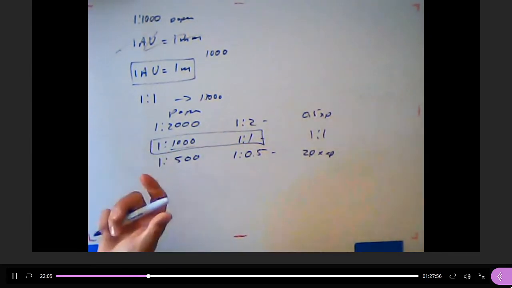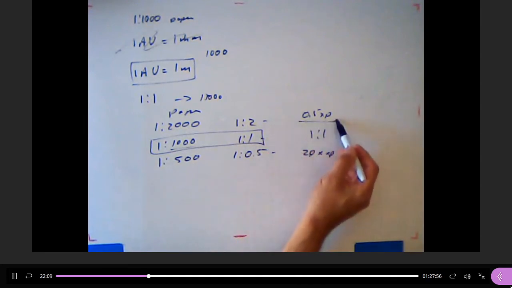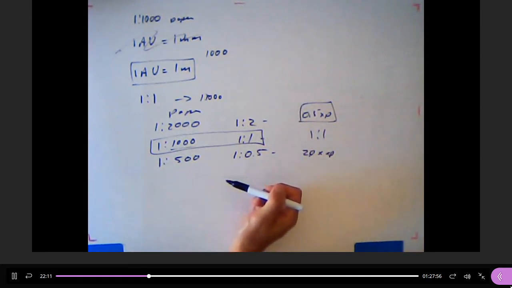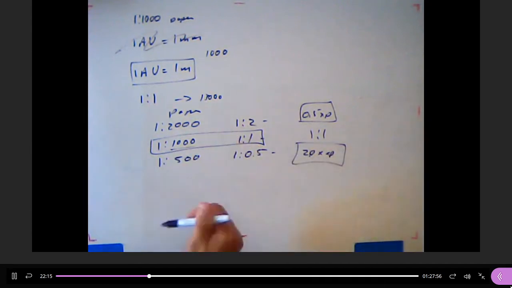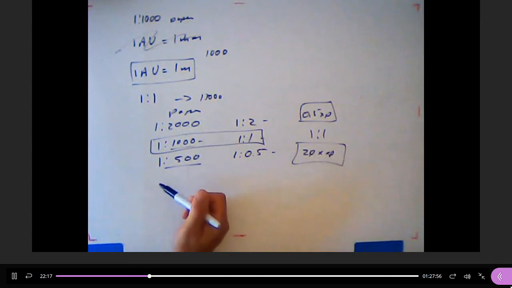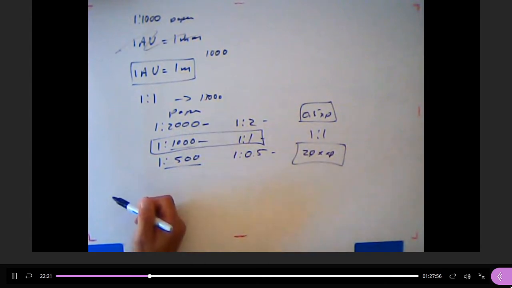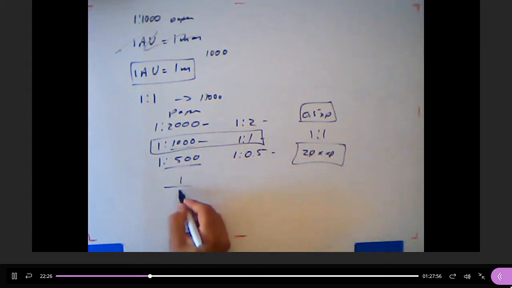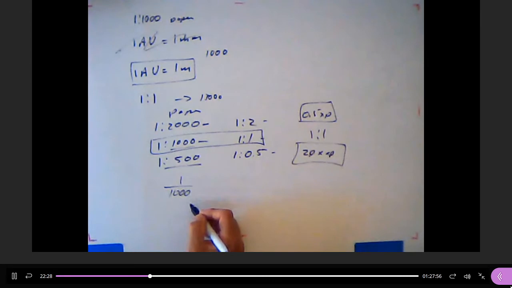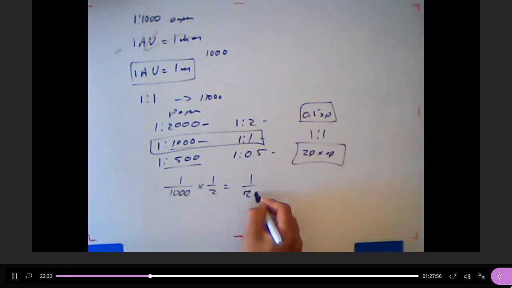So on paper, we plot 1 to 1, and then we change the zoom factor. If I want 2,000, I change the scale of the zoom factor to half. If I want 1 to 500, I make it twice as big. 1 to 500 is twice as big as 1 to 1,000, and 1 to 2,000 is half the size of 1 to 1,000. It sounds funny, 2,000 is bigger than 1,000, but remember it's 1 over 1,000, and if I multiply this by a half, I get 1 over 2,000.